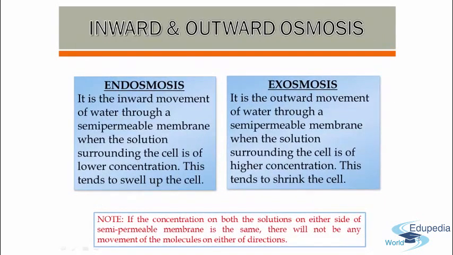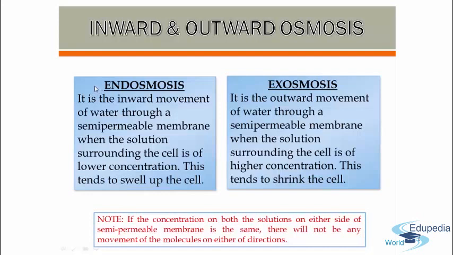Inward and outward osmosis. The direction of the movement of molecules, inward or outwards, with reference to a cell depends on the extent of concentration of solution surrounding it. There are two terms that are very important and should be understood properly.